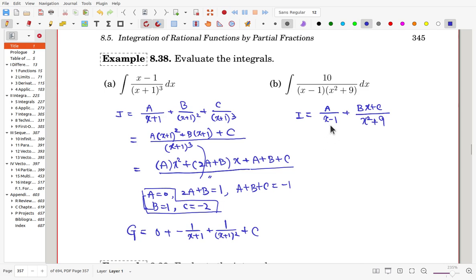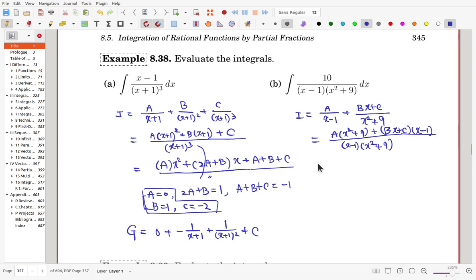Okay, let's try to decide a, b, c. In order to do that, we have to combine them. So here, the common bottom is x minus 1 and x squared plus 9. And the top must be a times x squared plus 9, and the second term is bx plus c times x minus 1, right?